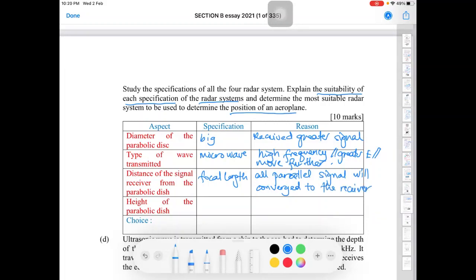Okay, alright. Height of the parabolic dish will be high. No blockage, ataupun no obstacle.